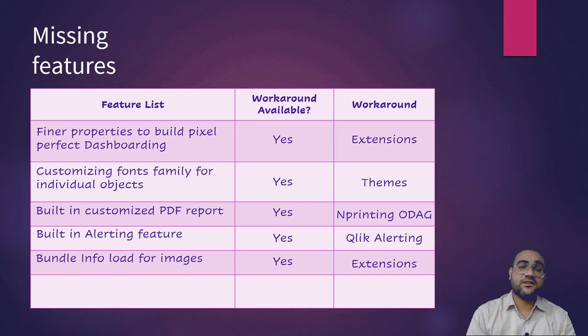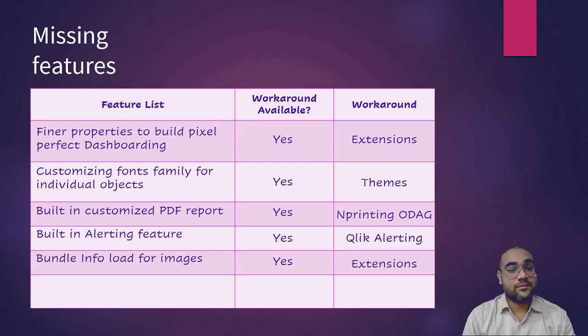The next missing feature is bundle info load for images. Some of the domains require images to be shown on the dashboard dynamically. For example, fashion industry or the real estate industry. ClickView allows you to load images as a data so that you can show dynamic images based on the selections.